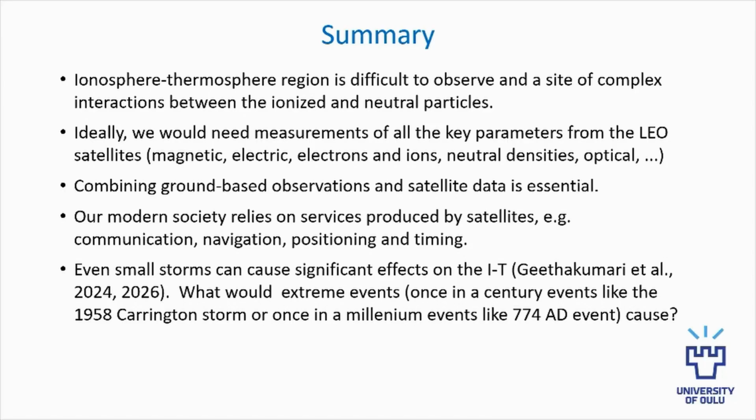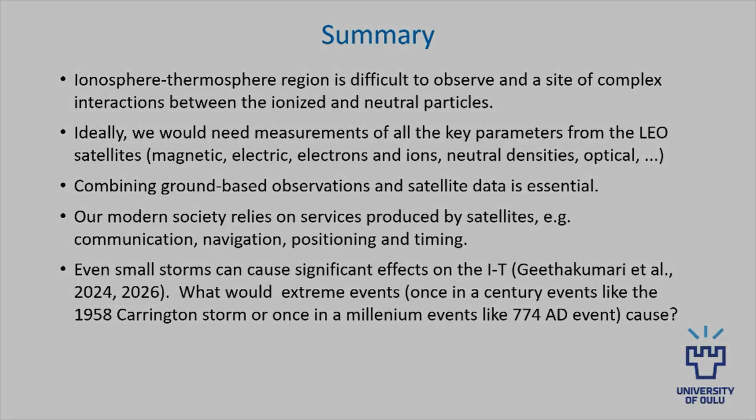But what if we would have more extreme events like this Carrington storm in 1859? That was something we have not seen after that, or even some millennium events like this 774 AD event, from which we have only some evidence from cosmogenic isotopes. So this is my end. Thank you.